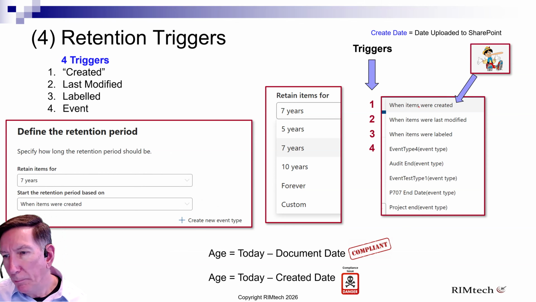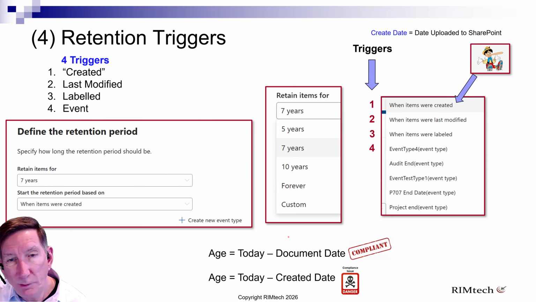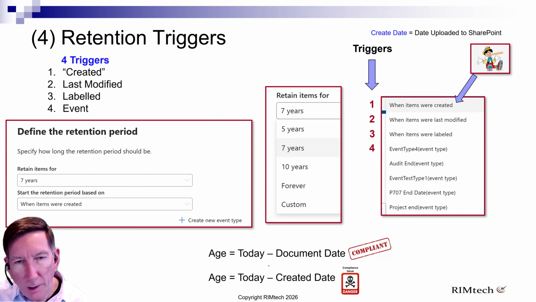No. It means that your age-based retention calculations will never truly be fully accurate, but it's not a huge deal. What I advise my clients to do is just add an extra year onto your retention periods because that way we're not too concerned if it's off by a week, a day, a month, or even a year. So that's not the end of the world. It is in some cases, though.